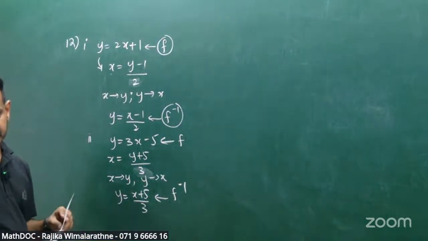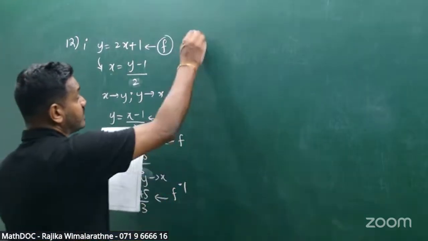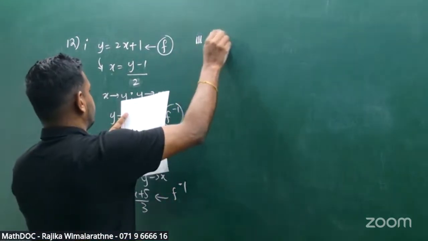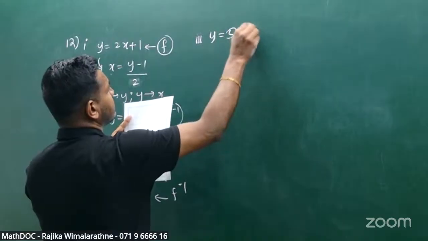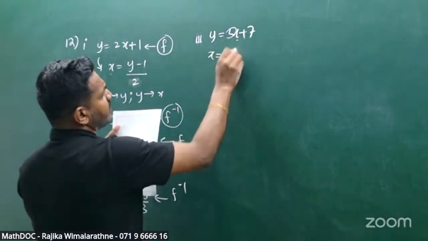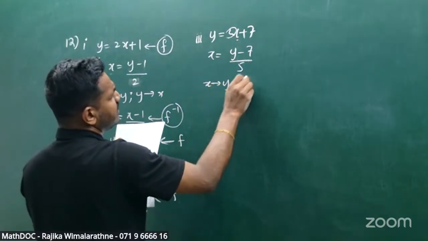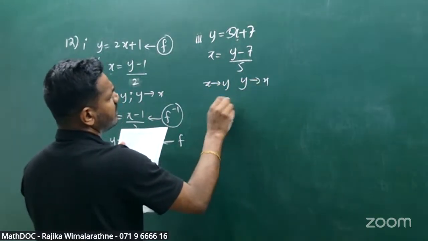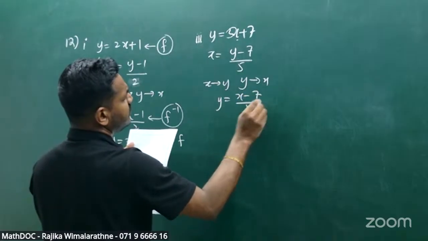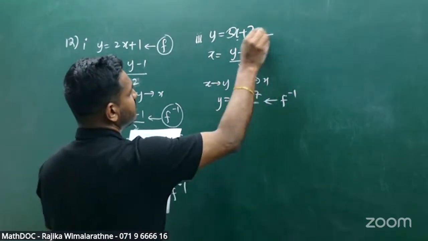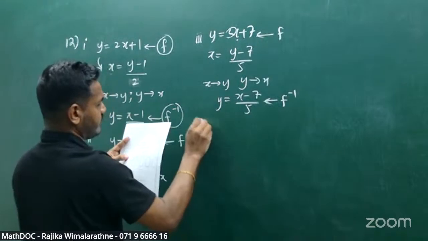Very simple relation, okay. Third one, y equals 5x plus 7. Subject x: y minus 7 divided by 5. Then replace x by y and y by x. y equals x minus 7 over 5. Here f inverse, here function f.